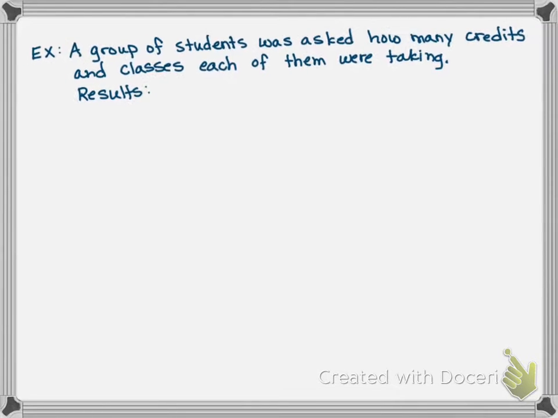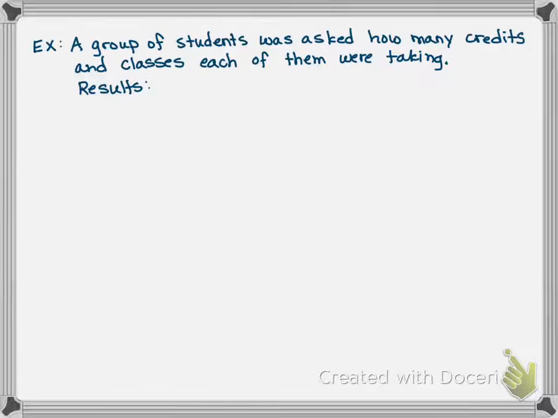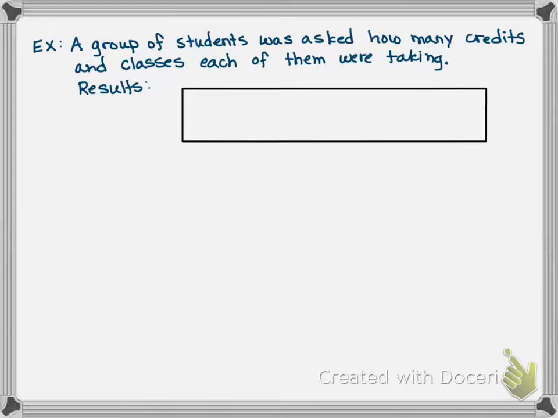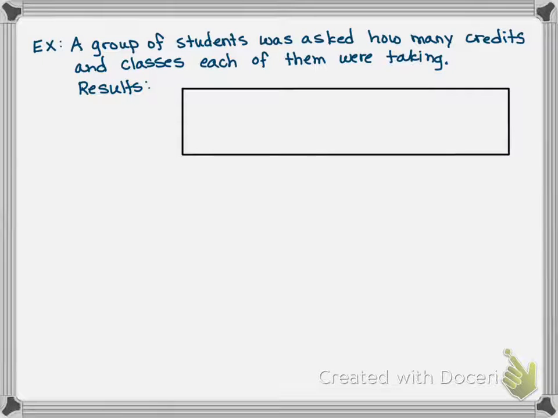Sorry, I didn't give myself nearly enough room for that problem. There we go. So we're going to make a table that just gives a list of number of classes, and number of credits.